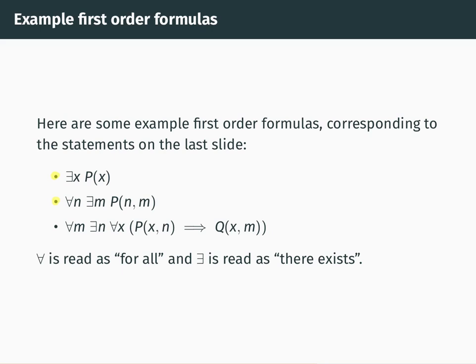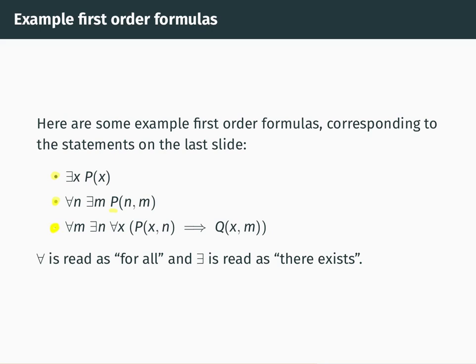The next statement we wrote on the previous slide was that for every natural number n, there exists a natural number m with n greater than m. And that corresponds to a first-order formula here, saying for all n exists m, P(n, m). And again, the function of this P(n, m) is that it will be interpreted as a relation between the variables n and m.